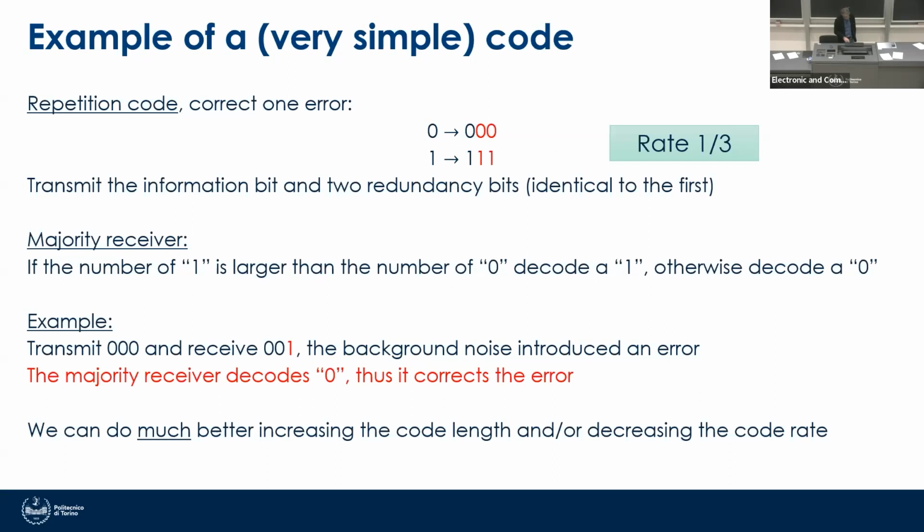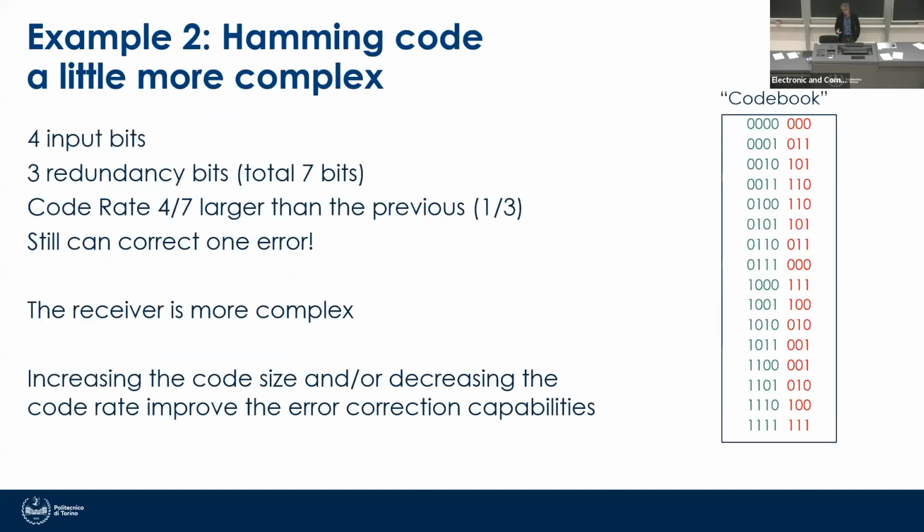And here I won't go too much into the detail because we don't have much time, but just to give you a hint of what is happening, you can do much better. So for example, I can build a code with 4 input bits, and I add to those 4 input bits 3 additional redundancy bits. You see here the code book. We have 4 bits, so that is 16 possible configurations of your information bits, the green ones.